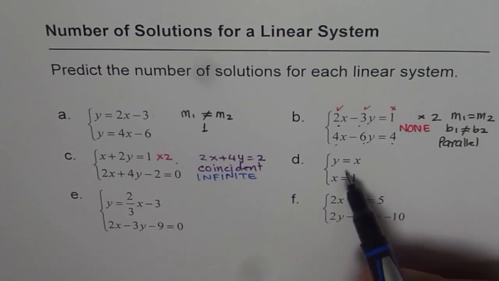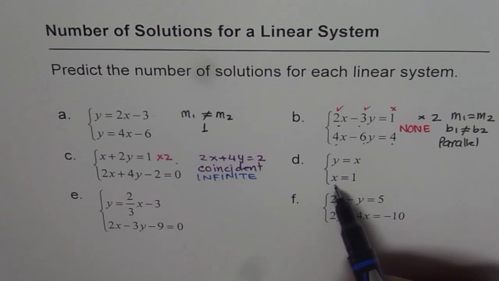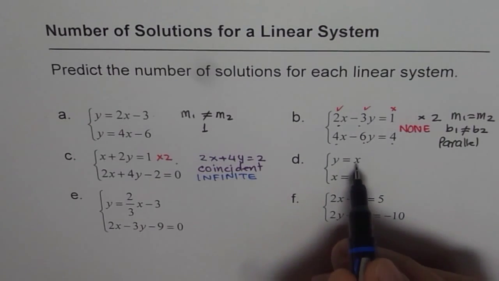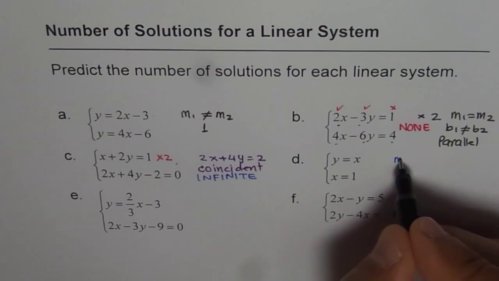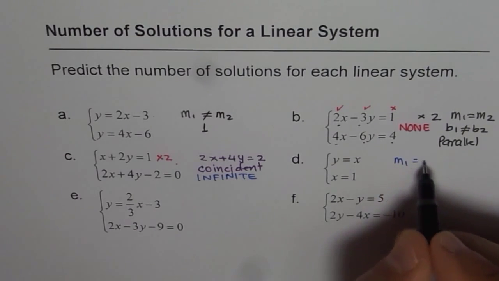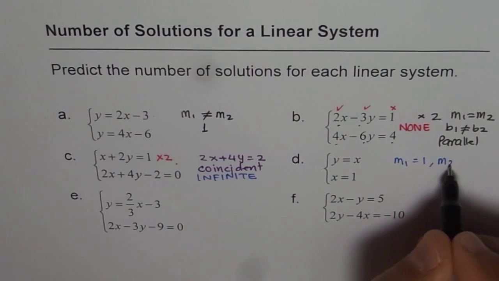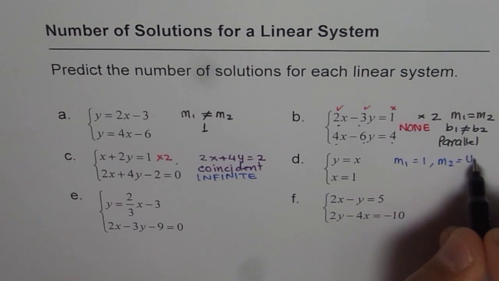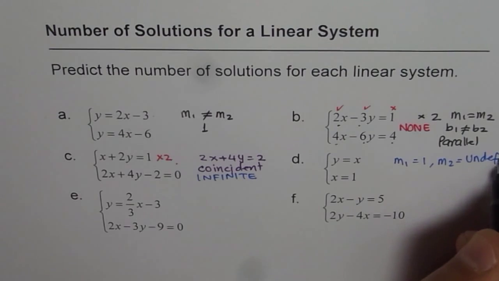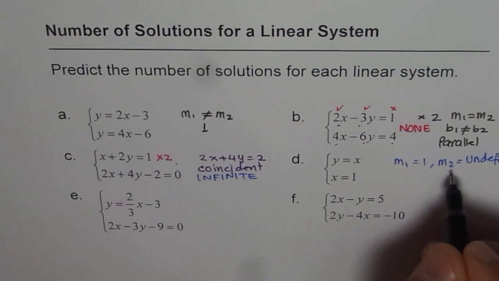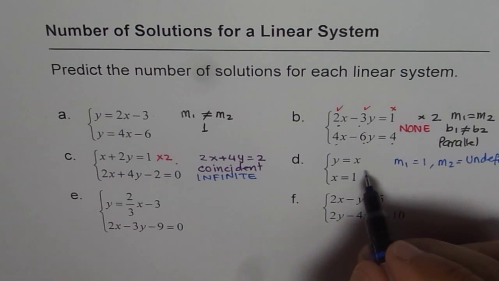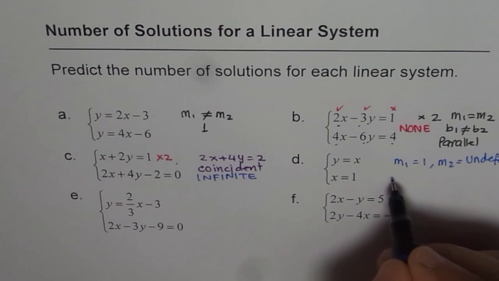Now D is y equals x and x equals 1. Here, what is the slope? Here the slope m1 is equal to 1, the coefficient of x, and this is a vertical line. So what is the slope of m2? Undefined, right? So these slopes are not equal. They are perpendicular lines, and we have the number of solutions.